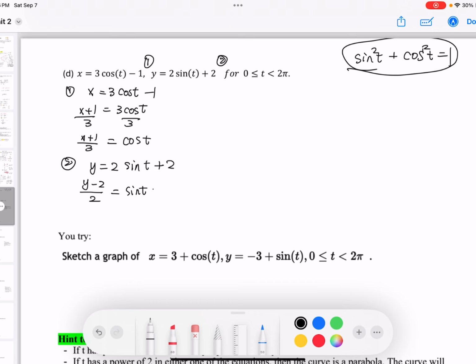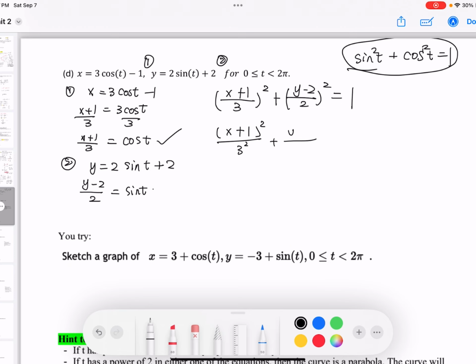We can have the cosine first because we found the cosine first. We say x plus 1 over 3, squared, plus y minus 2 over 2, squared, is equal to 1. I can separate the top and bottom: the top squared over 3 squared plus y minus 2 over 2 squared.